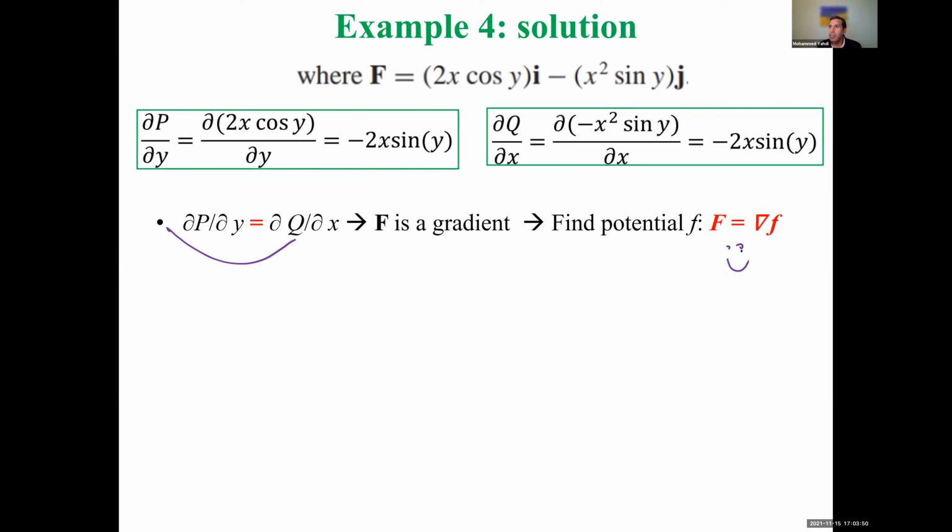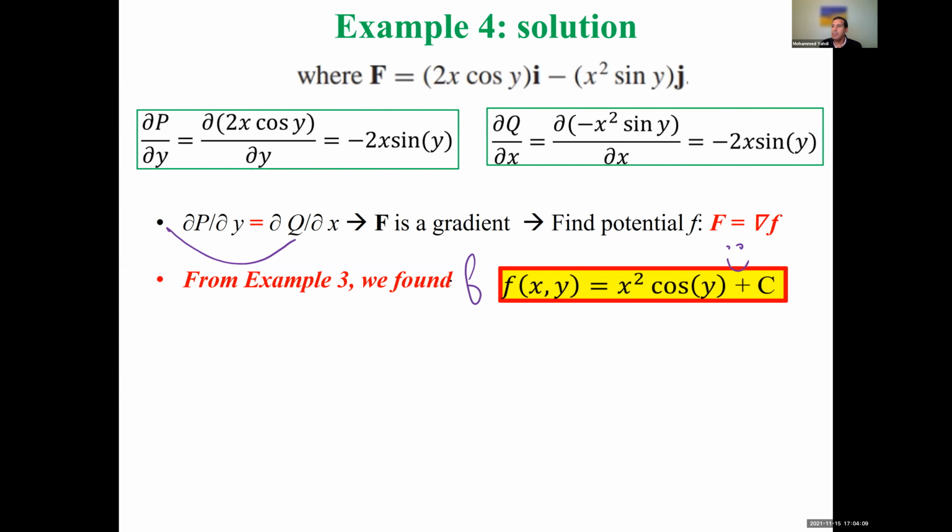My next step is finding f. Actually, this is exactly the one from example number 3, so I didn't want to do it again. Number 3, find f. This is f.